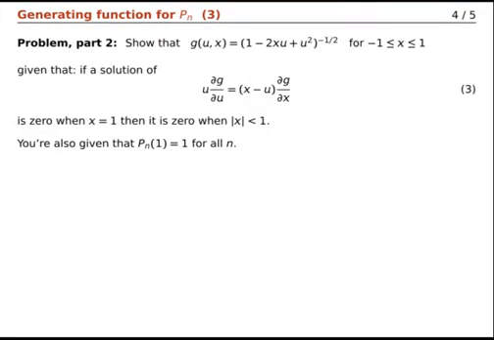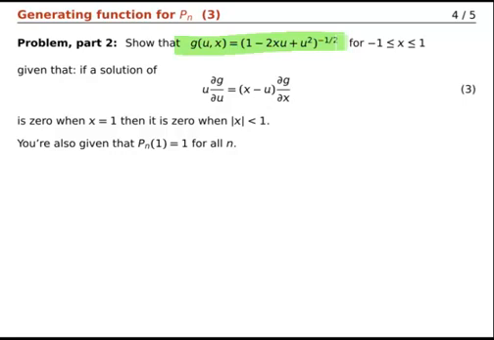Now, this is the second part of the problem. What we've done so far is rather uninteresting. We've shown that a mysterious function g satisfies an equally mysterious partial differential equation. Now, what we're going to do is to deduce from that partial differential equation that g of u is actually equal to this very simple function here.